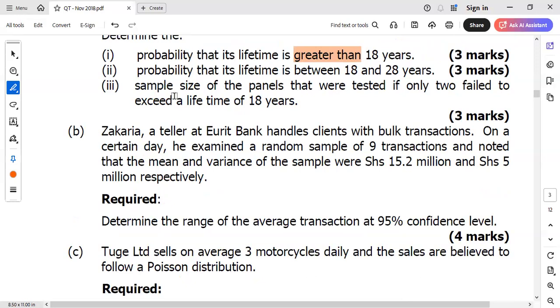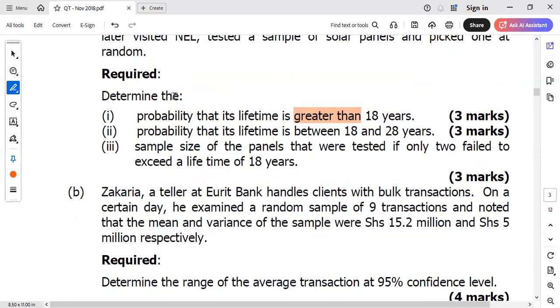Okay, so let's proceed. Let's handle Roman 3. Roman 3. Determine the sample size of the panels that were tested if only two failed to exceed a lifetime of 18 years. How do you do this?